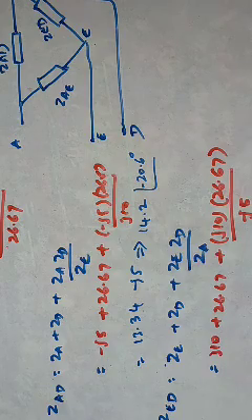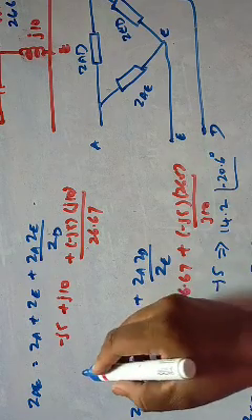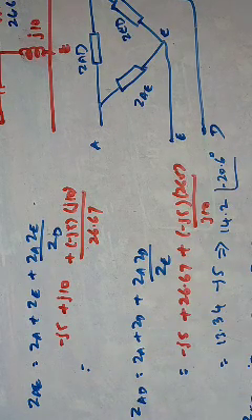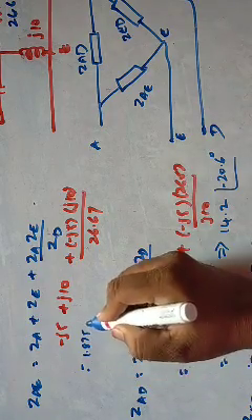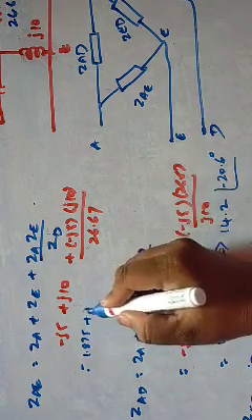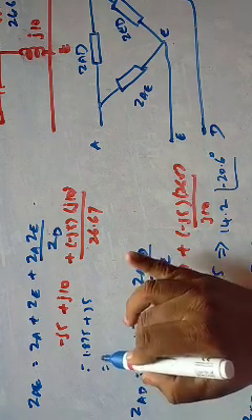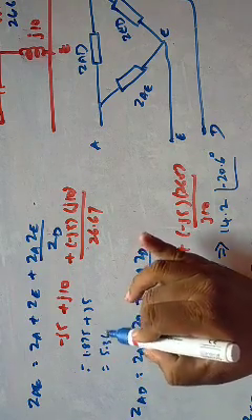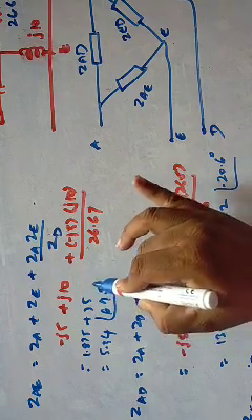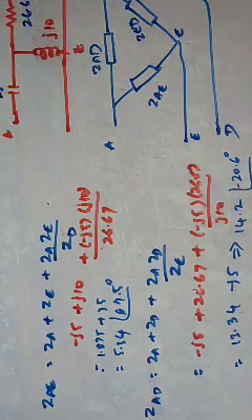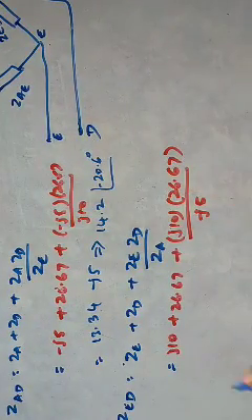ZAE is equal to 1.875 plus J5. In polar form, you can write that as 5.34 at an angle of 69.5 degrees. ZAE and ZAD are solved.